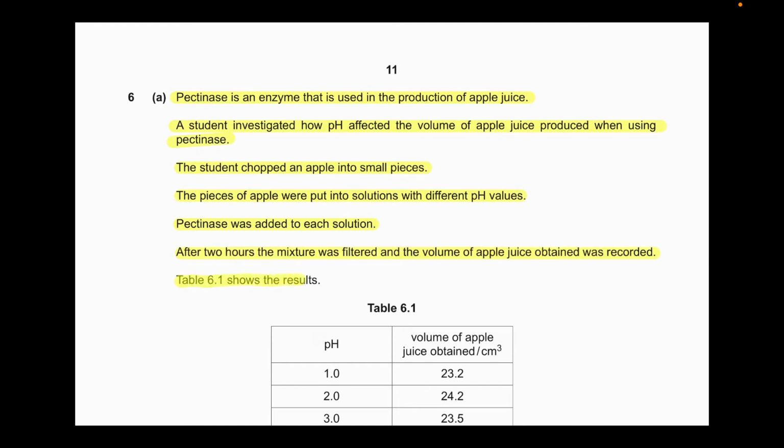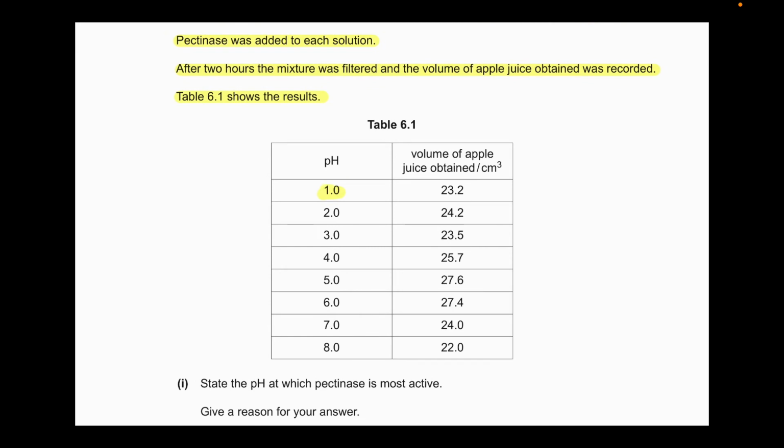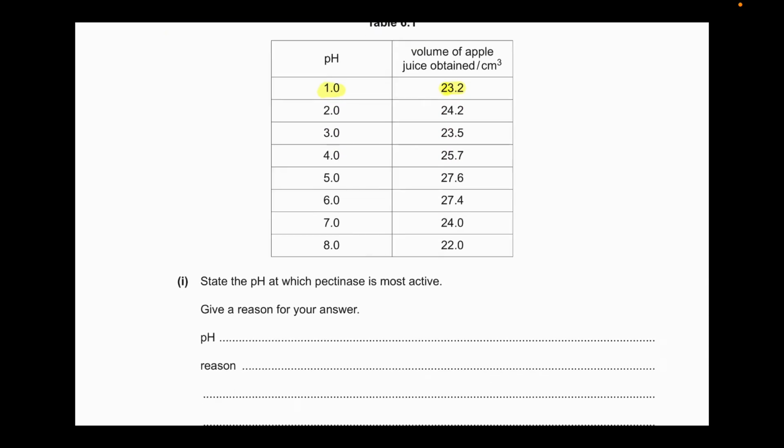Table 6.1 shows the result. pH 1.0, 23.2, pH 8.0, 22.0. Basically we can see as the pH has increased, the volume of juice extracted has increased until 27.6, and pH 5.0 gives the best result.